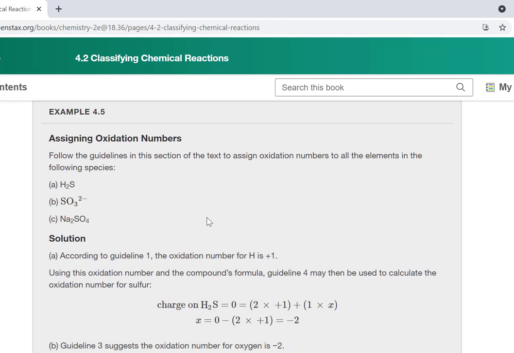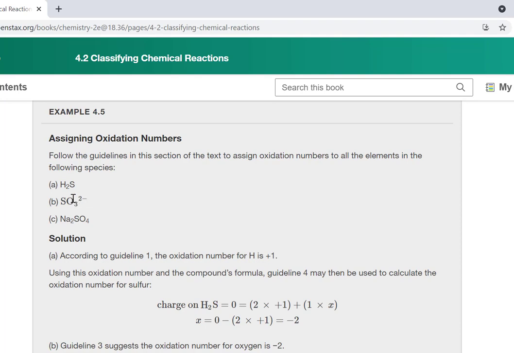There's no charge here. Hydrogen is a +1, so we have 2 hydrogens, 2 times 1, and then we have 1 sulfur. The sulfur and 2 hydrogens add up to 0. So if we do the algebra here, we see that the sulfur has to be a -2 to balance the 2 plus 1s for the hydrogen. So those would be the oxidation numbers we would assign there: -2 for sulfur, +1 for hydrogen.